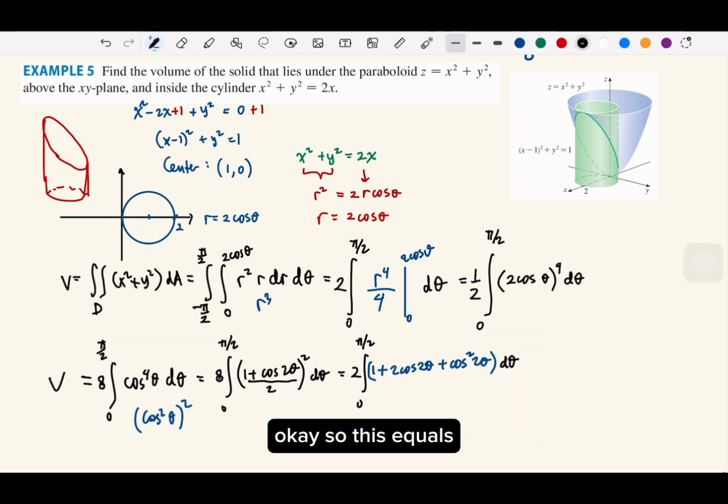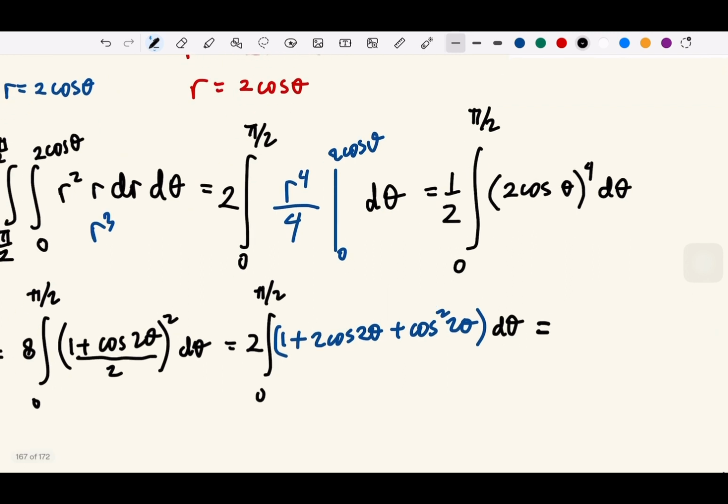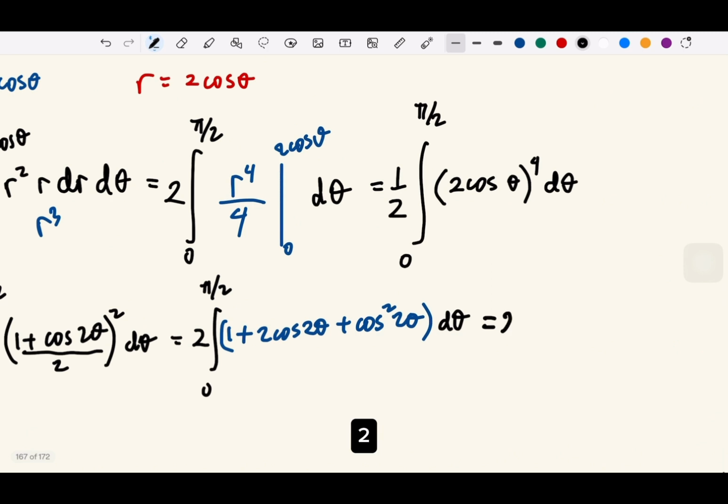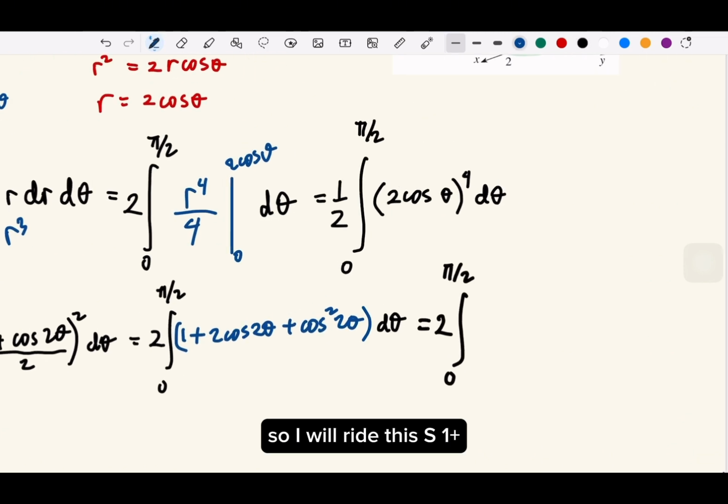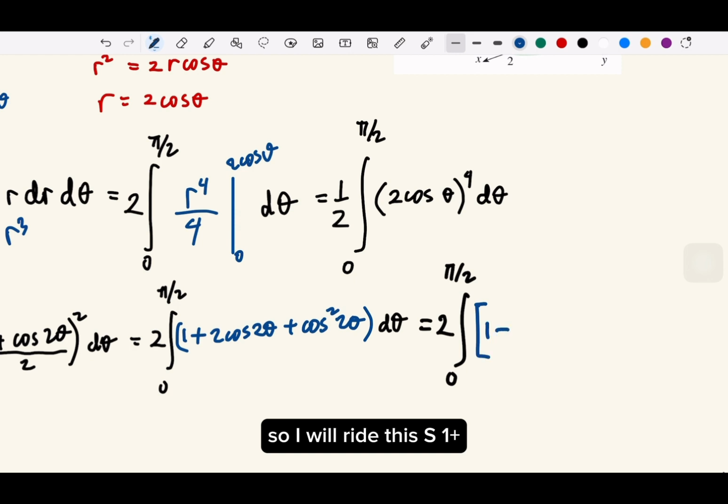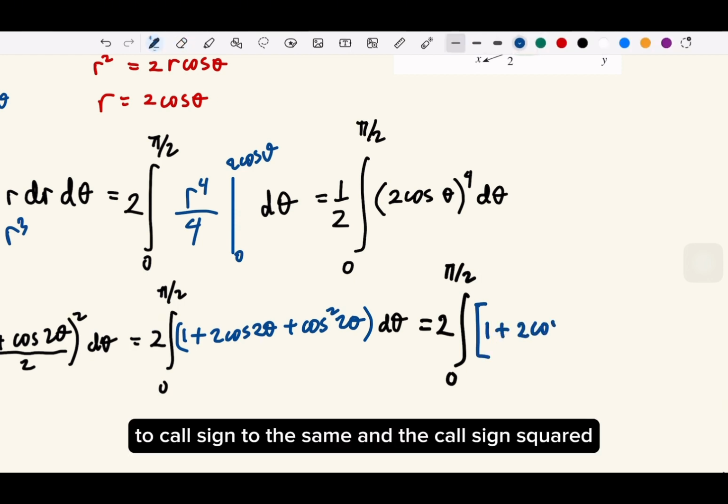Okay. So this is equal to 1 plus 2 cosine 2 theta, the same.